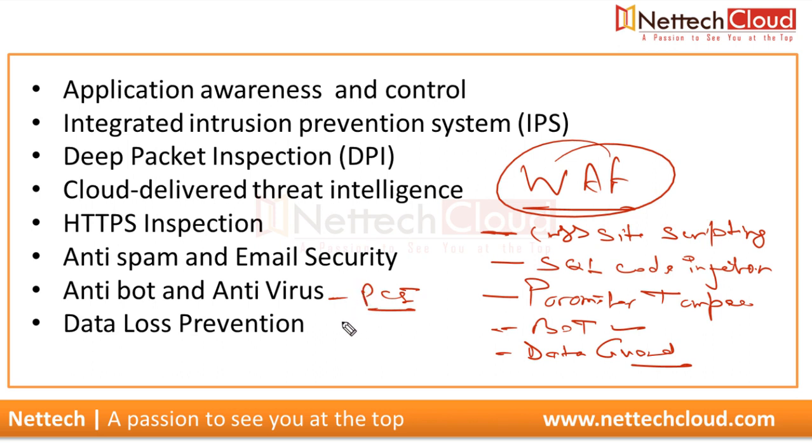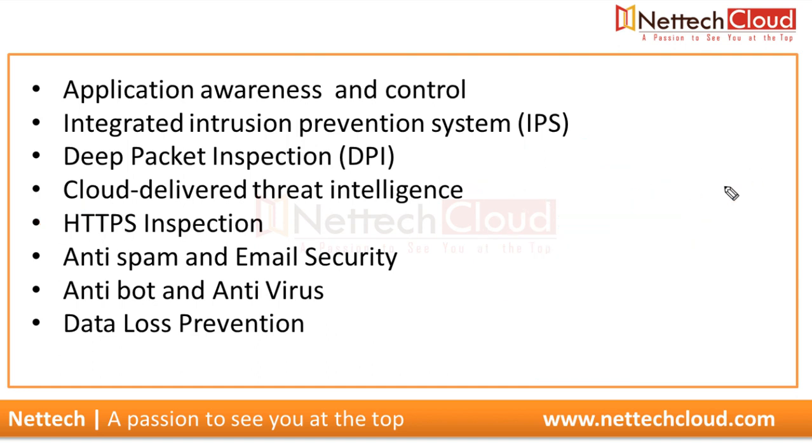So WAF and next generation firewall, they both have similarities and differences, of course. A similarity: if in a web application firewall there is data guard or anti-bot or vulnerability protection, the next generation firewall has it also.